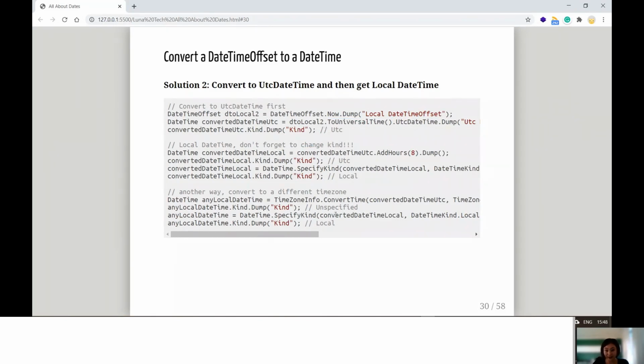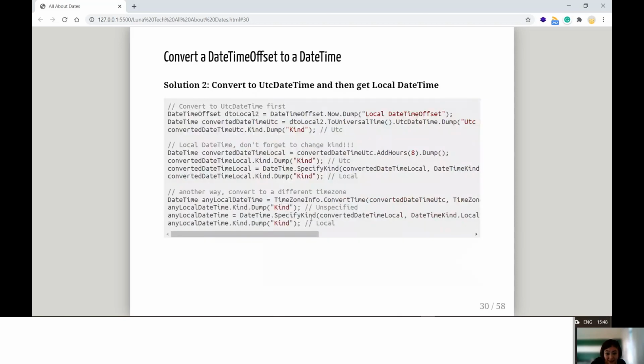So then we can try to convert it to a local DateTime by adding some hours. If you want to convert something UTC to a local DateTime, you need to add the offset, right? And then you also need to change the kind to be local because otherwise it thinks it's still UTC, but actually you added that offset. So there's some complication.